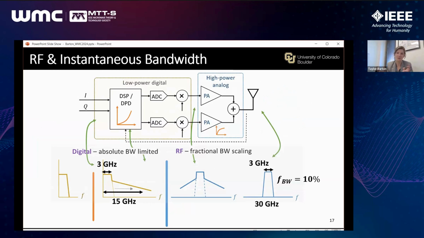Outphasing, you get 10% bandwidth easily, but the instantaneous bandwidth doesn't necessarily scale as easily. It may be very challenging to create something with 3 gigahertz instantaneous bandwidth if you're doing it in the digital domain. If you're doing it in the circuit domain, it's actually a little bit easier because your whole system is scaling, and fractional bandwidth is the kind of constant that sticks with you as you change these frequencies.